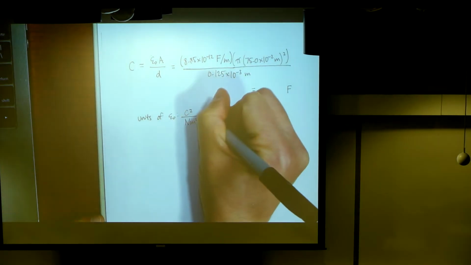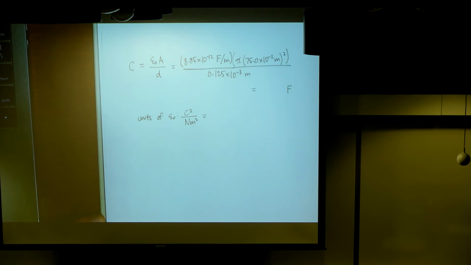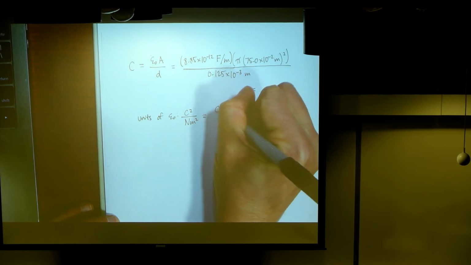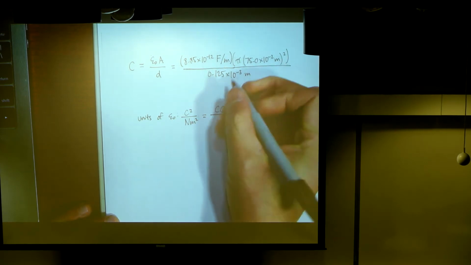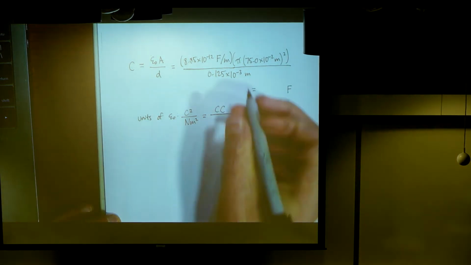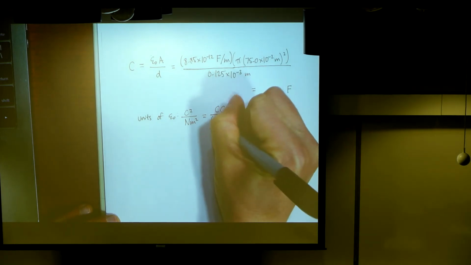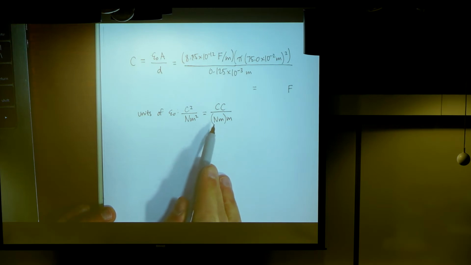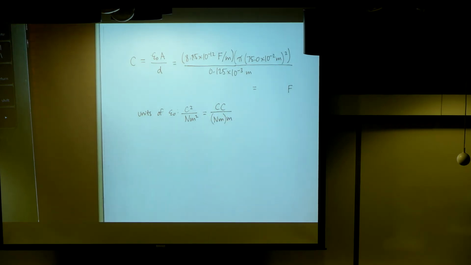But what I'm going to do is see what equivalents for the units we have, all right? So coulombs squared, I'm going to write that as coulombs times coulombs. And meters squared, I'm going to write that as meters times meters, like this. But one of those meters I'm going to group together with the newtons. See what I did? Okay.